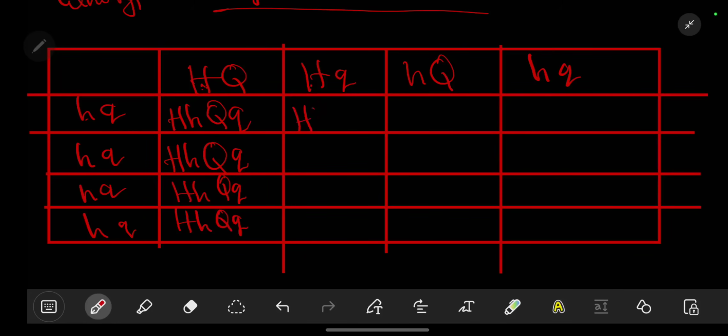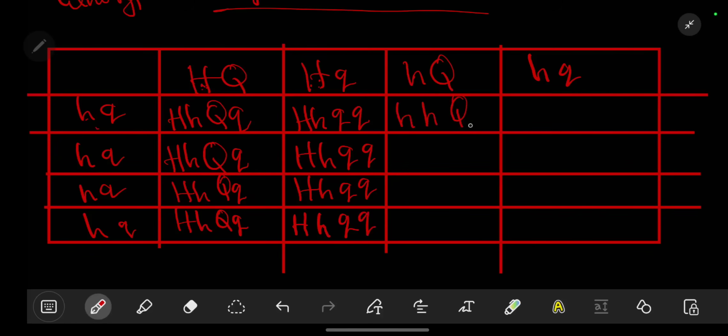We have our H small h, small q, small q. Our H, small h, little q, little q. Then we have our small h, big Q, little q. So we are just combining them. Then we have our H, our H, then we have our big Q, little q.